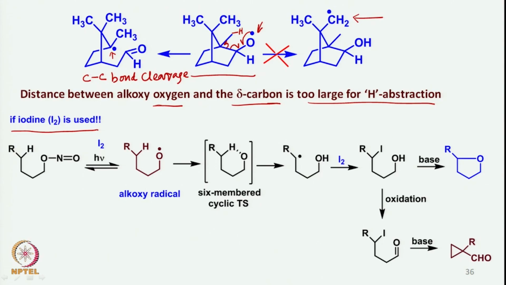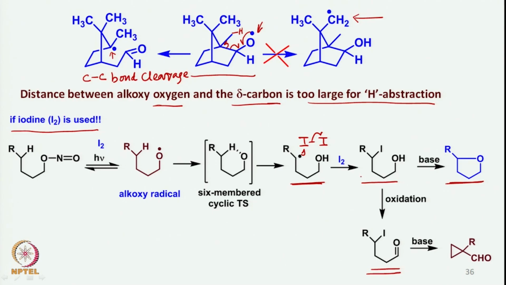If we use iodine, for example, this particular radical then interacts with the iodine, and what is formed is basically this iodo compound, and this iodo compound can allow the ether formation to take place, or we can also oxidize this to the corresponding aldehyde.